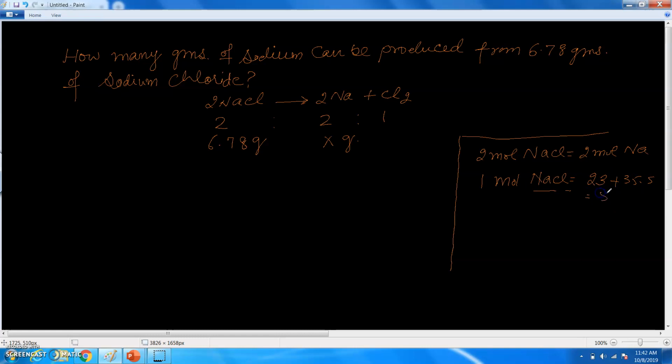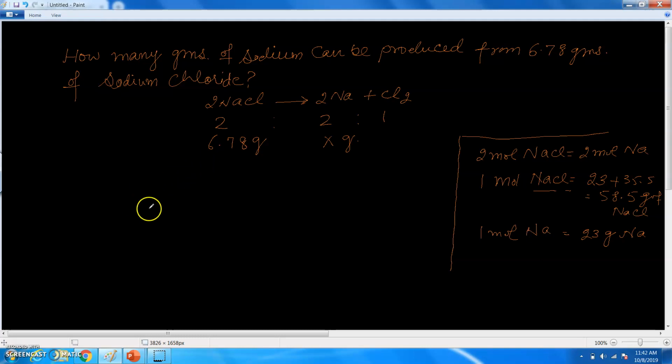That means 58.5 grams of sodium chloride. Next, sodium. 1 mole sodium is equal to 23 grams sodium. Now it will be easy to calculate.